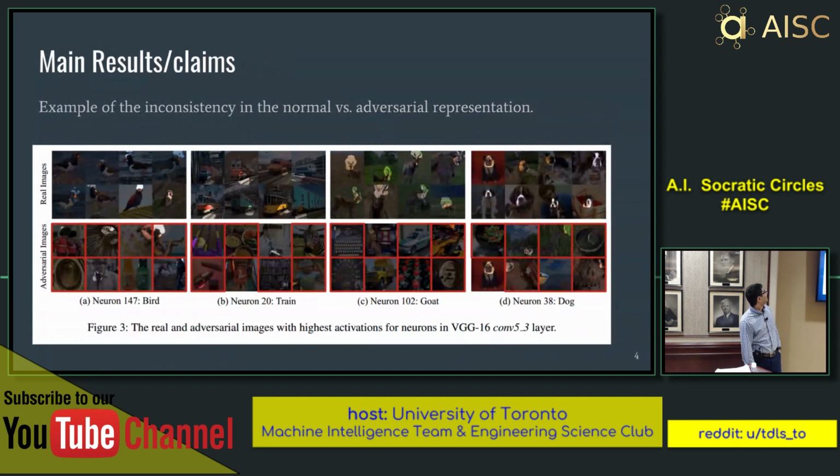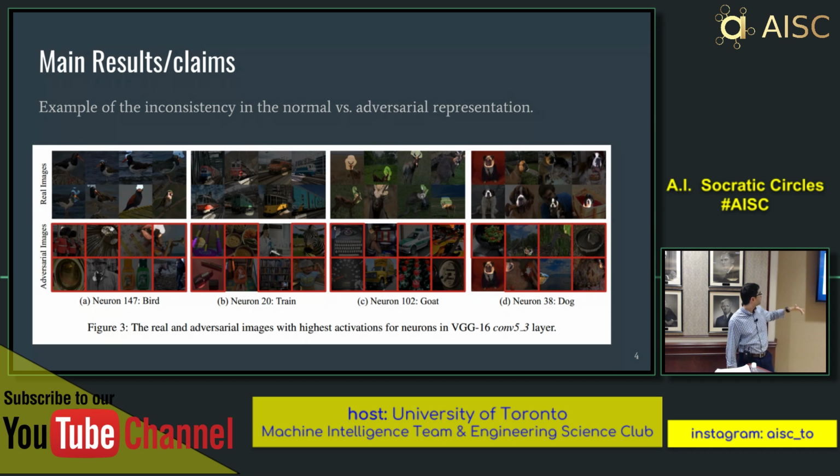Good point. So are you going to later tell us about what it means for them not to be consistent? Yes. What's happening here is that on the top, we have real images, which are classified by the network, and they are for different neurons, which are shown by the captions.